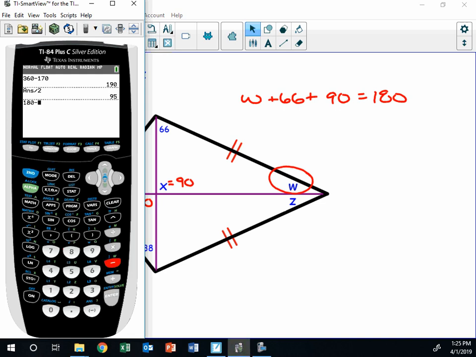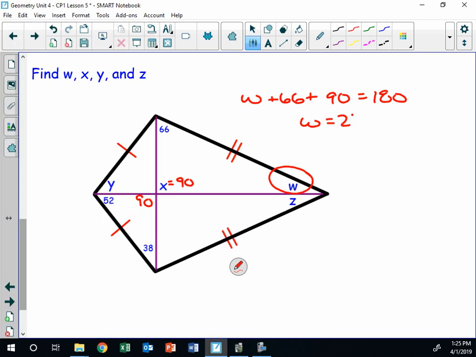Minus 66 minus 90, and that helps us find our missing angle of 24. Once we have the missing angle of 24, we can use the bisector conjecture to solve for z.